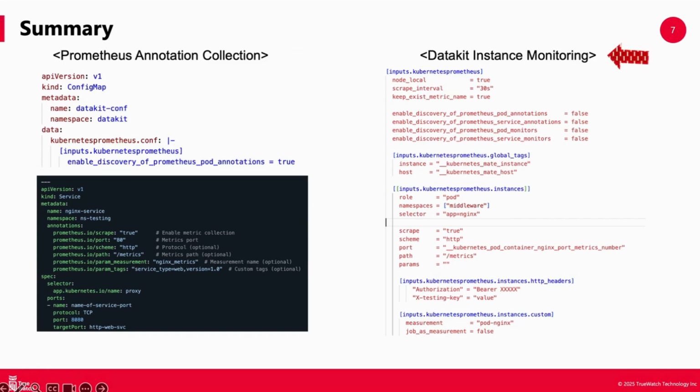And the second one, the Datakit instance monitoring mode, is a centralized auto discovery management function provided by Datakit. You only need to configure the auto discovery rules in Datakit, and then you can dynamically track these workloads and collect relevant monitoring metrics, regardless of whether the workloads have Prometheus annotations configured.